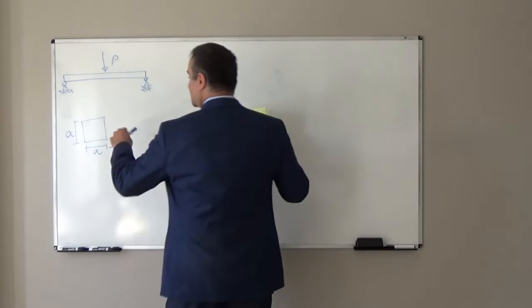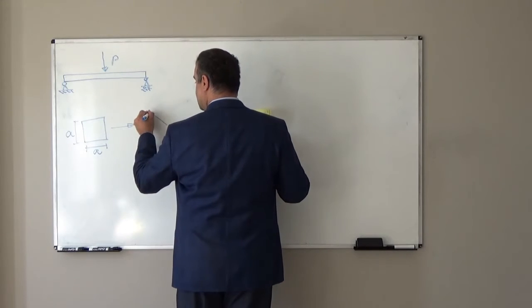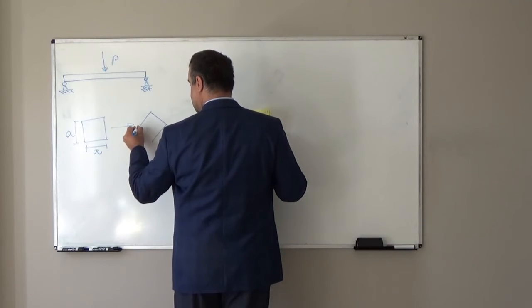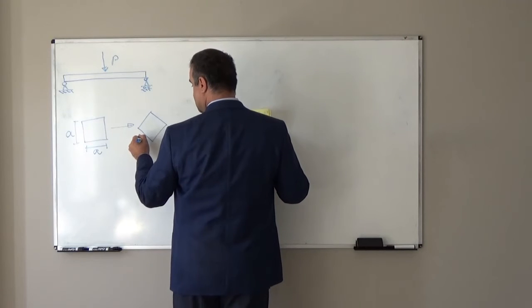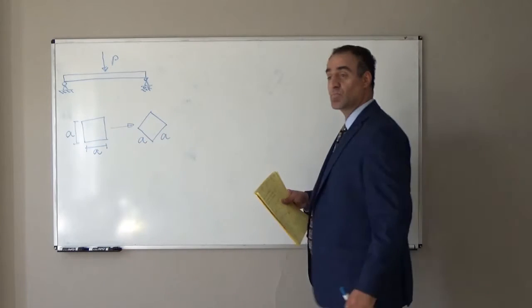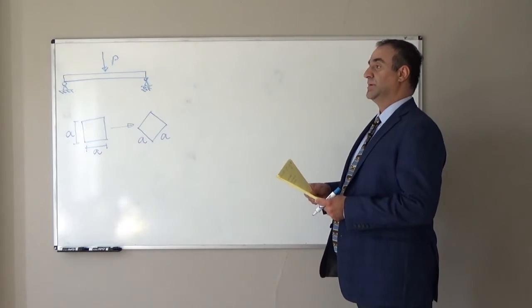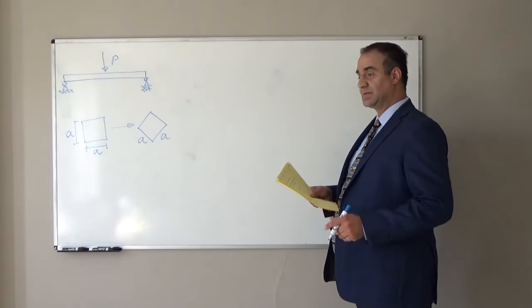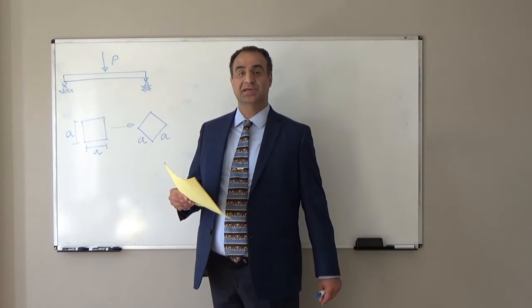I can put this beam in this position, or I can rotate it and put it in this position, like this. Which one is better? In order to find which direction is better, we should find the section modulus.